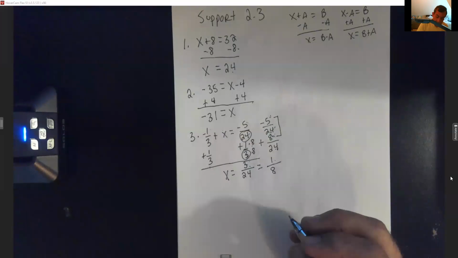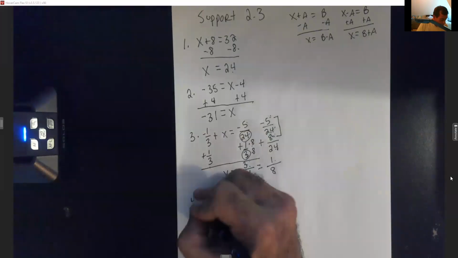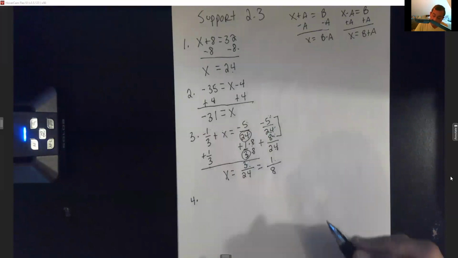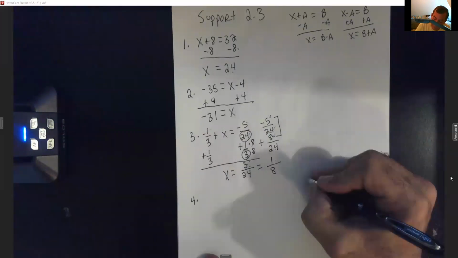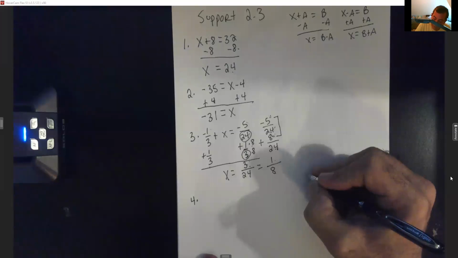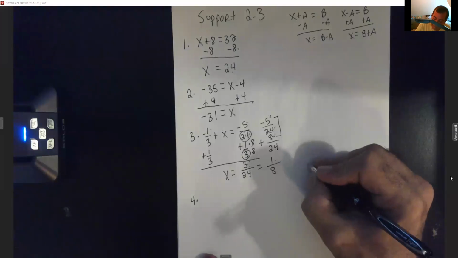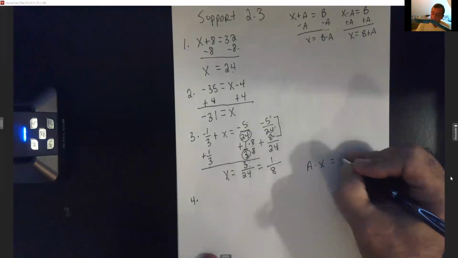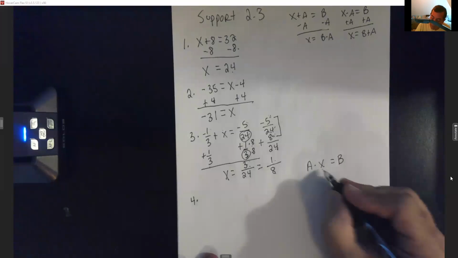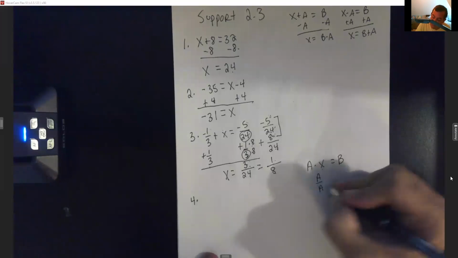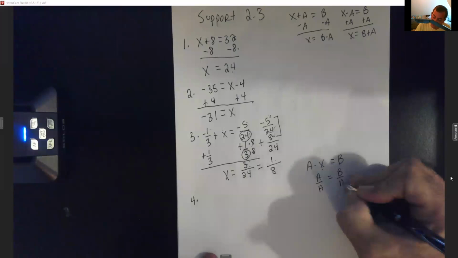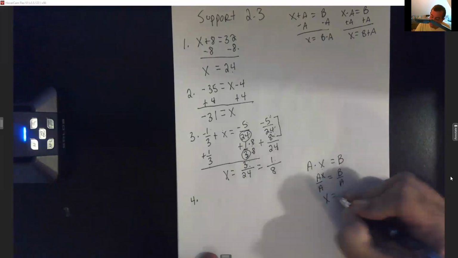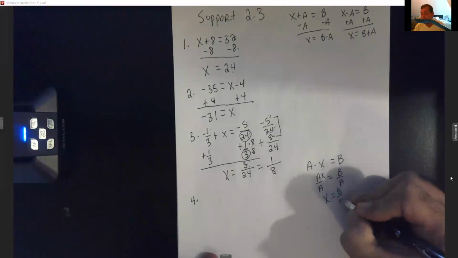All right, let's see. Now, starting at number 4, they want me to solve using the multiplication principle. So what that means is, if I got something like A times X equals B, then to get to X by itself, I would divide both sides by A. So that the A's would cancel, I would bring down my X, and that would equal whatever B over A is.